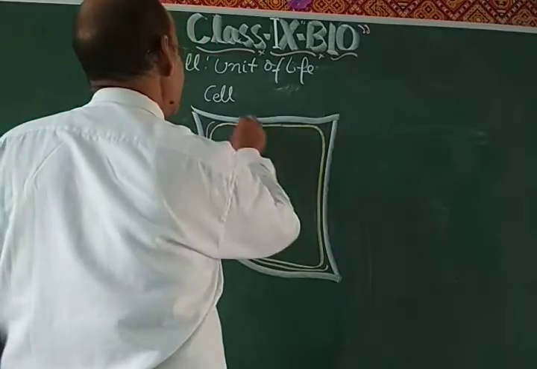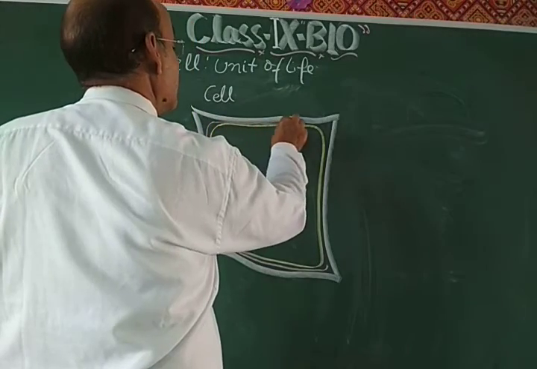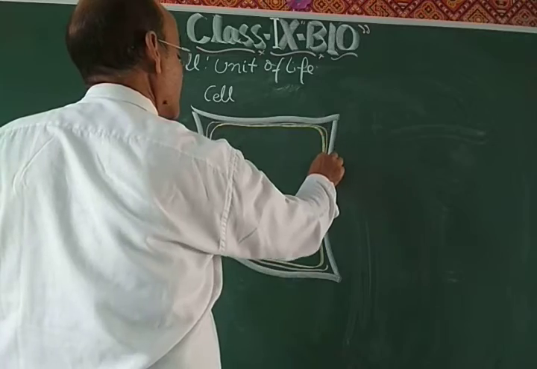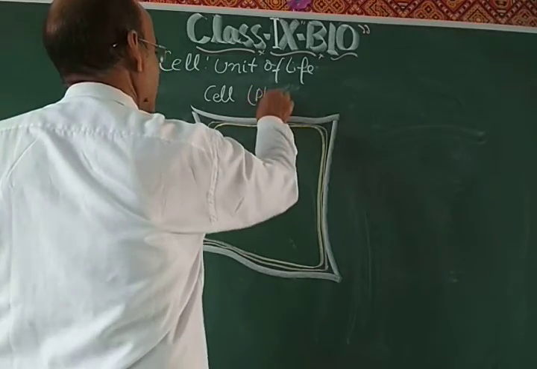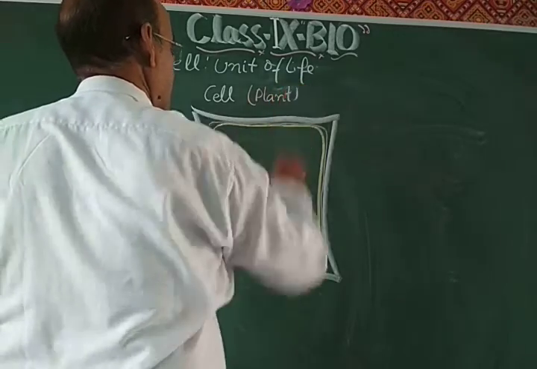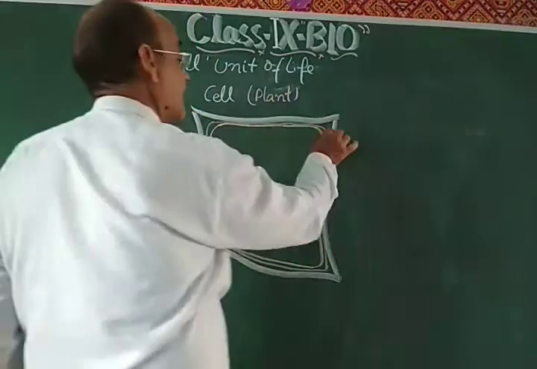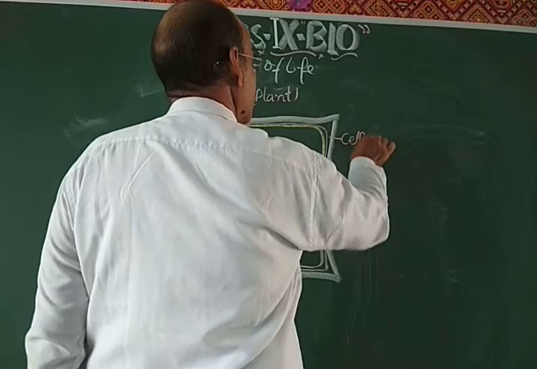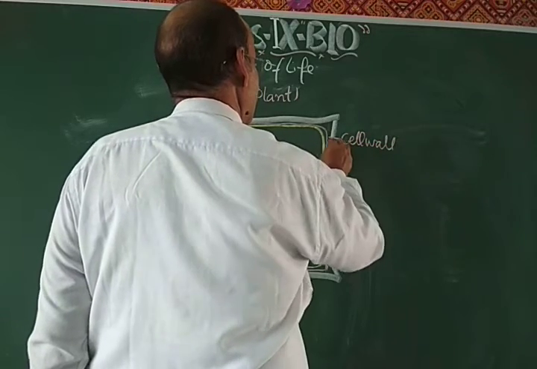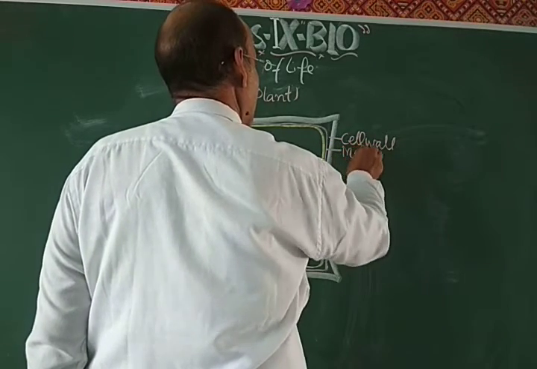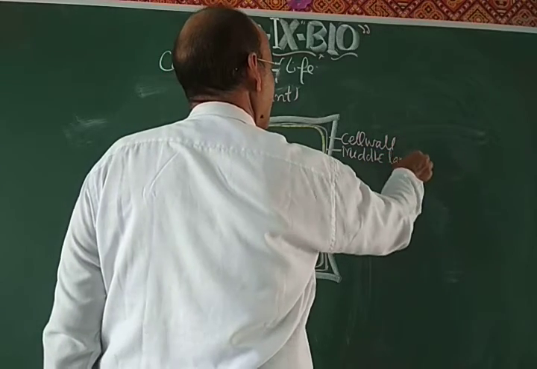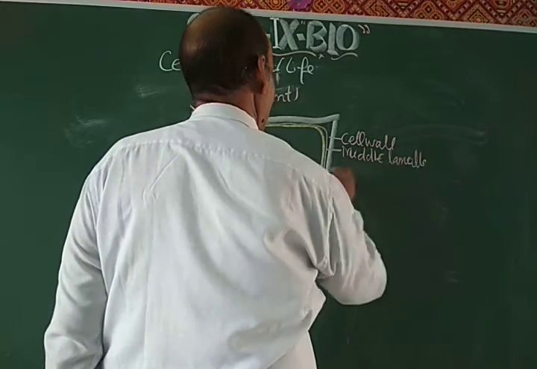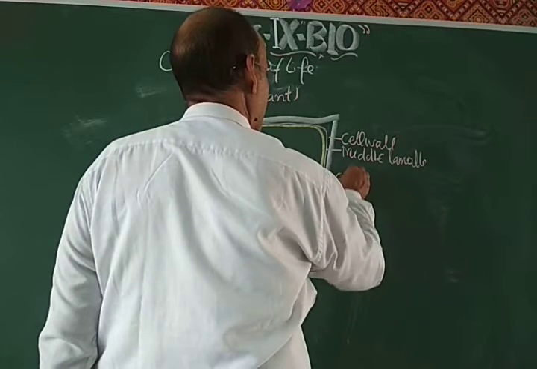So the boundary that you have already seen over here in the plant cell, this is the plant cell. This is the boundary, this is called cell wall. Cell wall, middle lamella, and cell membrane.